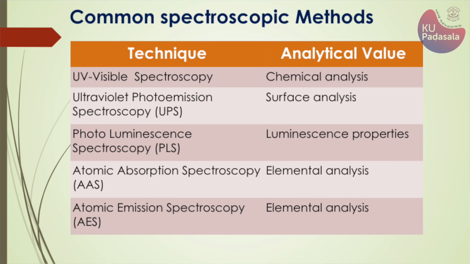Common spectroscopic methods are given in the table. The first one, UV visible spectroscopy, used for chemical analysis. Ultraviolet photoemission spectroscopy, UPS, used for surface analysis. Photoluminescence spectroscopy to evaluate luminescence properties of the system, atomic absorption spectroscopy for elemental analysis, atomic emission spectroscopy also for elemental analysis.